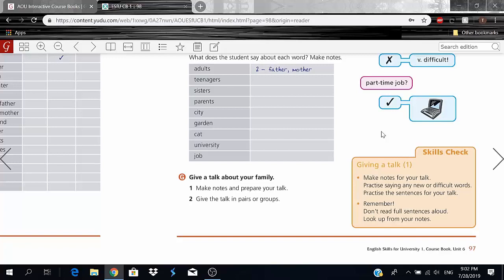So associate a certain thing, a certain idea or information from your notes, and you can just give it a quick look, or a second look, or 2-second look, regain your thoughts, and start speaking. This is what your notes are helpful for. Besides, writing things down makes you memorize it a lot easier. So this is how notes benefit you guys, okay?